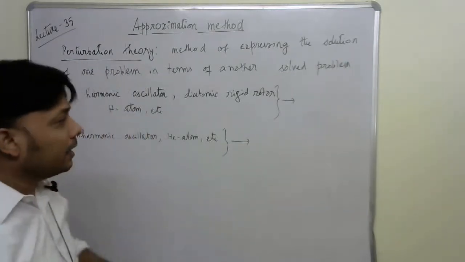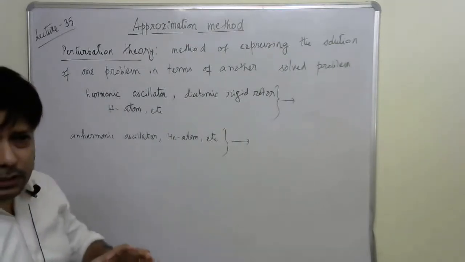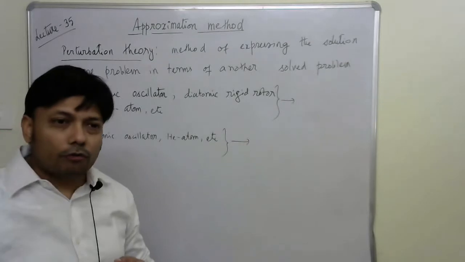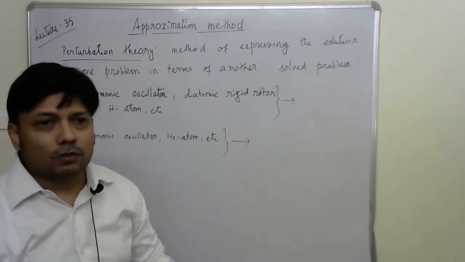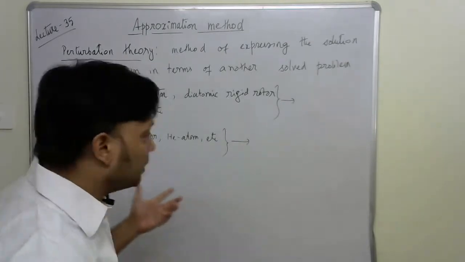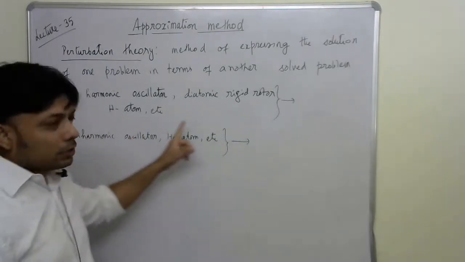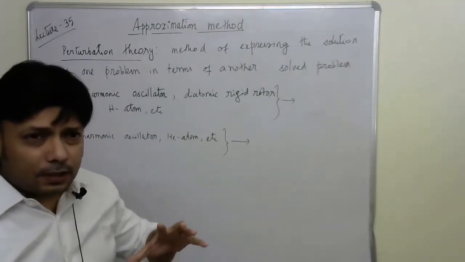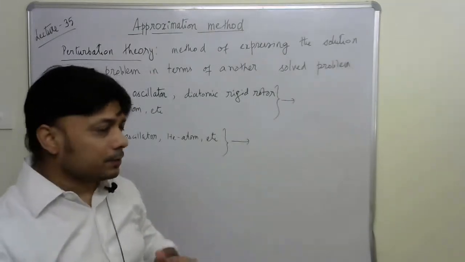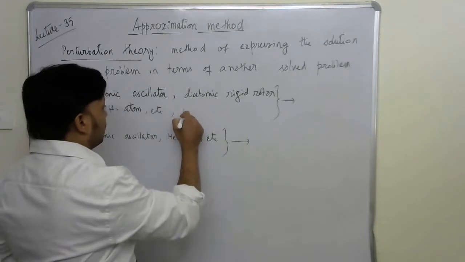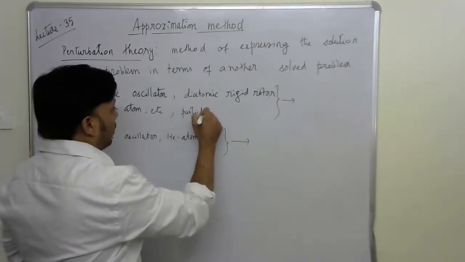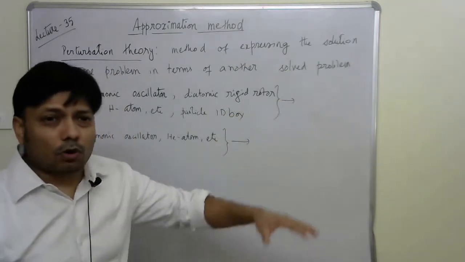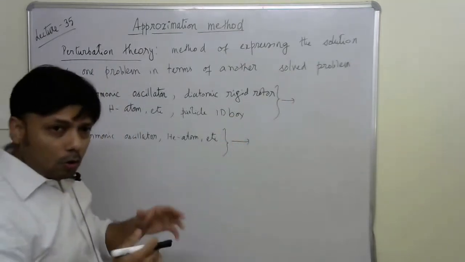It is defined as the method of expressing the solution of one problem in terms of another already solved problem. Let me explain it in simpler words. Harmonic oscillator, diatomic rigid rotor, hydrogen atom, or the particle in a 1D box, a free particle confined in a 1D box: these are systems you are already very familiar with.